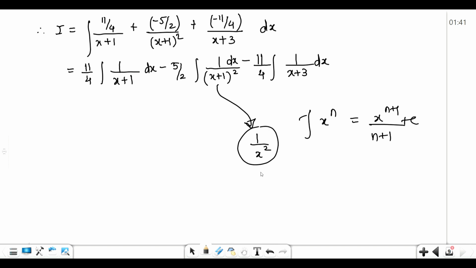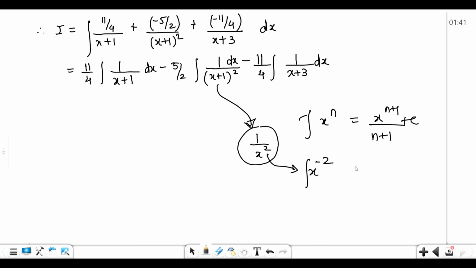Okay, because it is a linear term, we can take it as x, and when we take it in the numerator, that becomes x to the power minus 2. Okay, I can solve it here, x to the power minus 2.